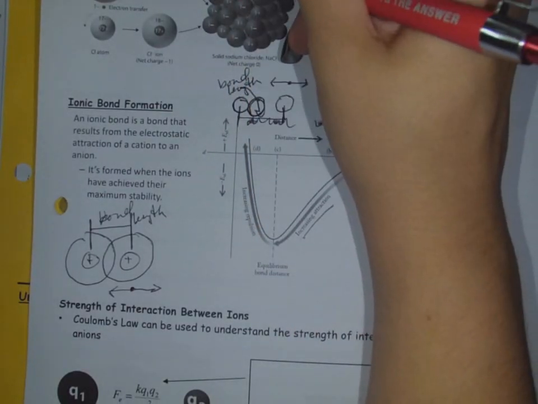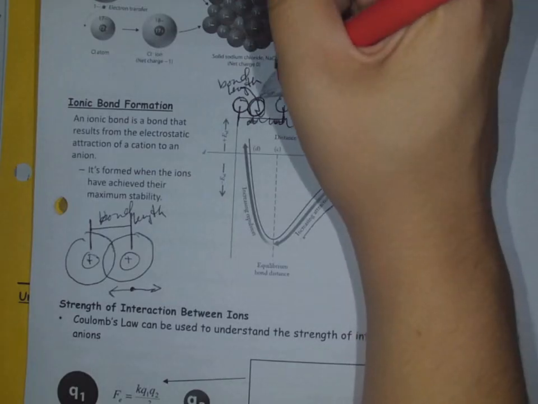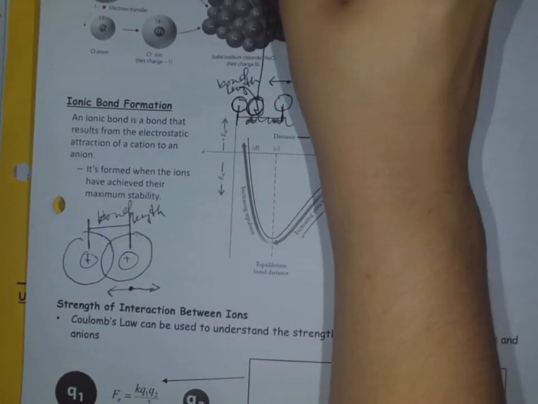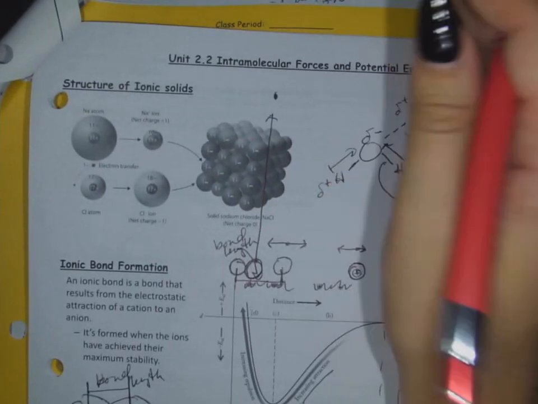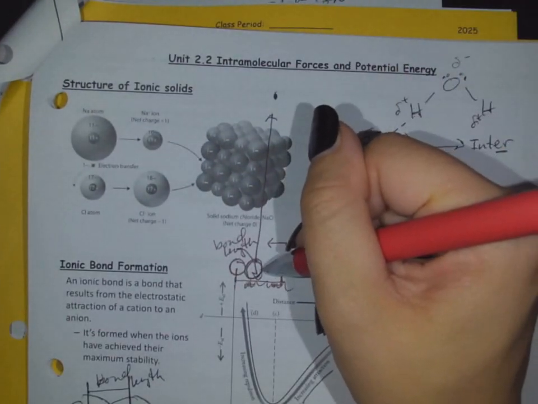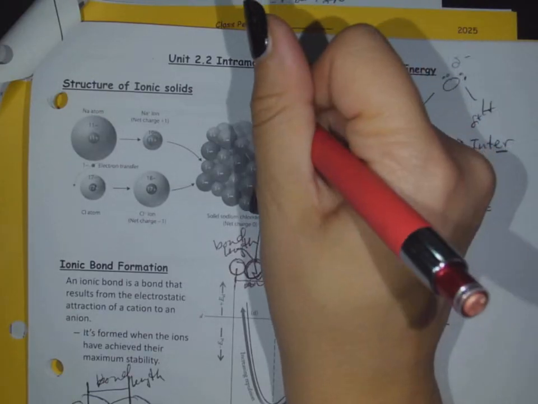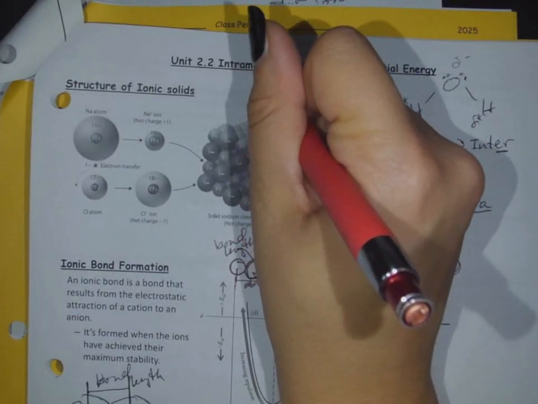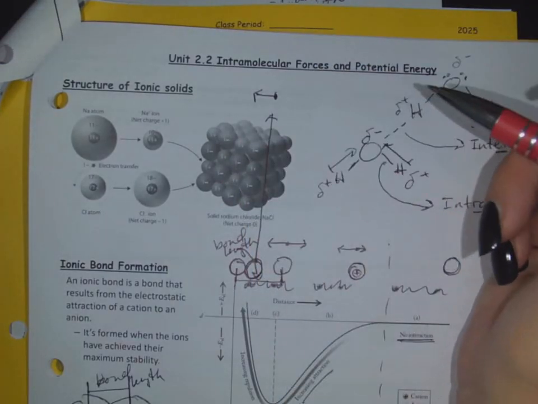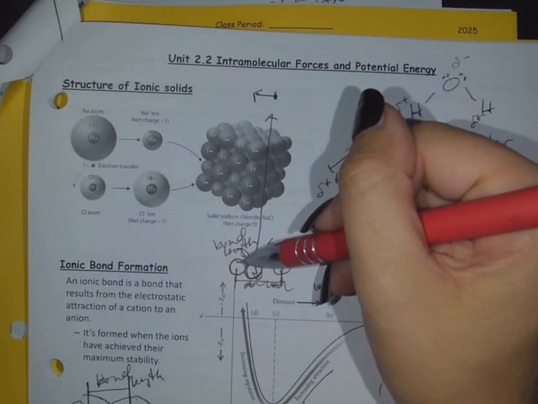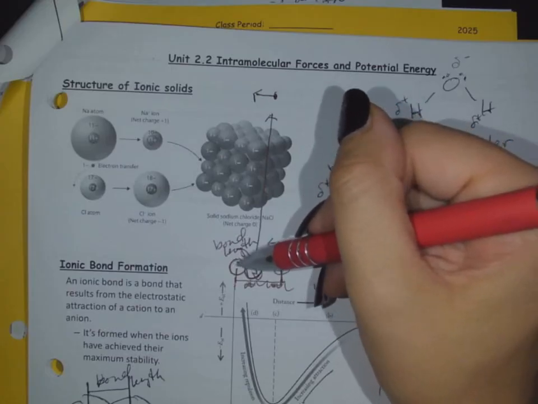I'm going to draw, sorry for the messy notes, the forces of this one right up here. So this atom is way closer to the other atom than it wants to be. There is still an attraction between the nucleus of this atom and the electrons of the other, but look at how close those nuclei are.